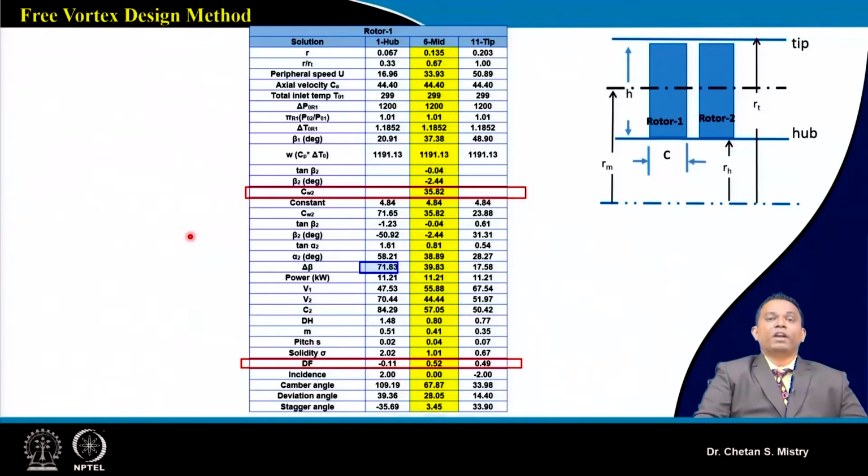The diffusion factor variation is from -0.11 to 0.49, and this is the variation of my delta beta. Now, all this is what we are discussing about the free vortex design concept at 3 different stations: hub, mid and tip station.